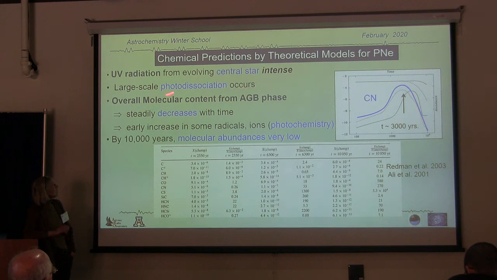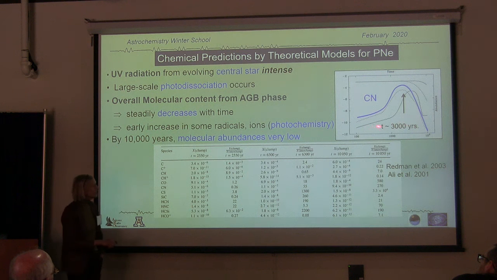And it's predicted that large-scale photodissociation occurs of the material surrounding the white dwarf, and that the overall molecular content, which is a remnant from the previous asymptotic giant branch phase, basically decreases with time. You may see an early increase in some radicals and ions, such as shown here, due to photochemistry because of the ultraviolet radiation from the white dwarf.